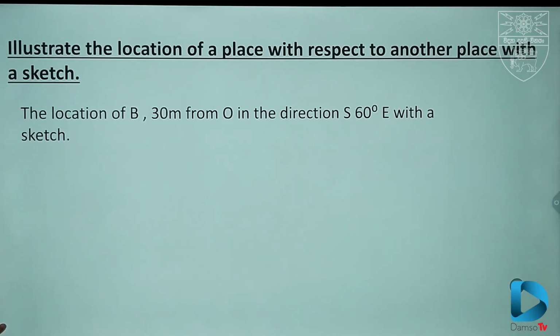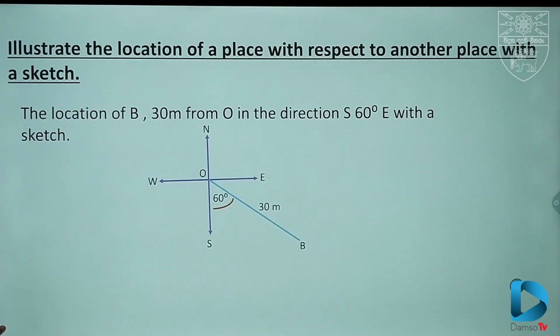S 60 degrees E means 60 degrees east of south from O. And now here you have to indicate the direct distance, that is B. The location of B, 30 meters from O in the direction S 60 degrees E, that is the sketch.